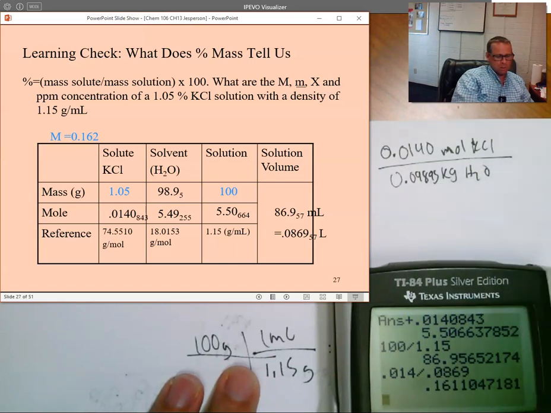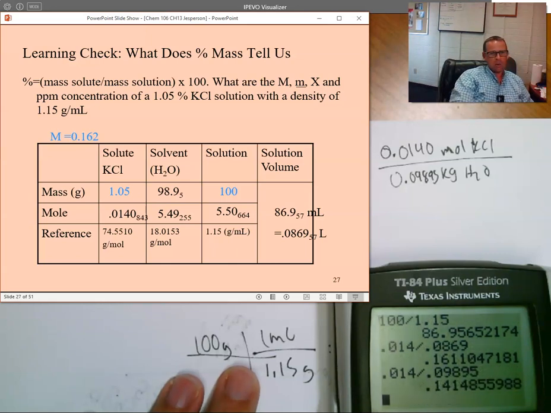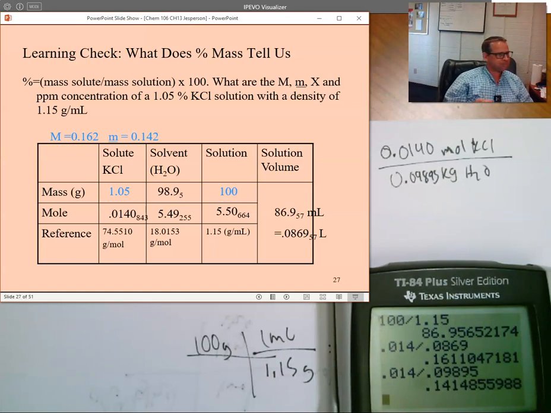Yeah. Okay, so 0.014 divided by 0.09895. All right, there we go. So we got 0.14 molal.